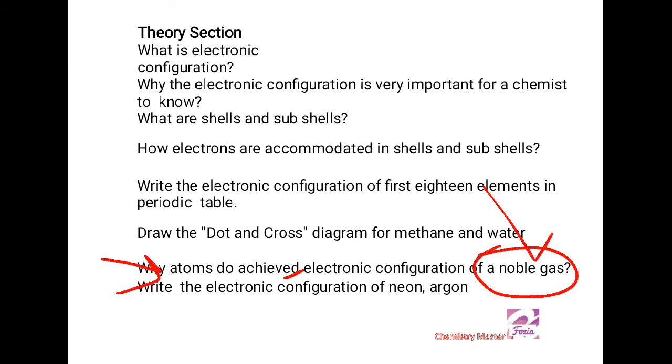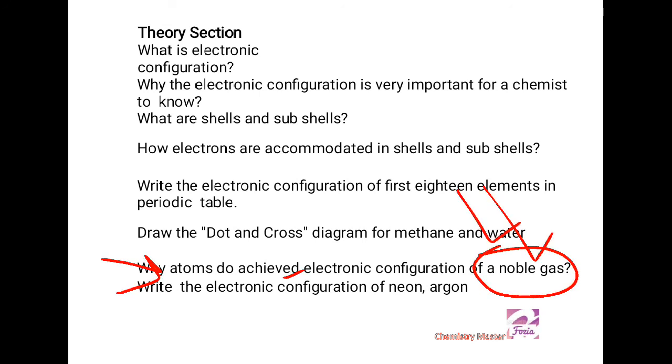Except helium, all of the noble gases have 8 electrons in their outermost shell, meaning they have an octet of electrons in their shells. And having 8 electrons means they are following the octet rule, and it's the sign of stability.